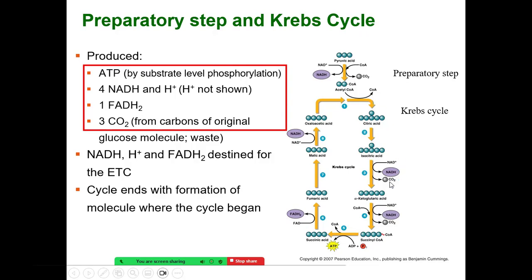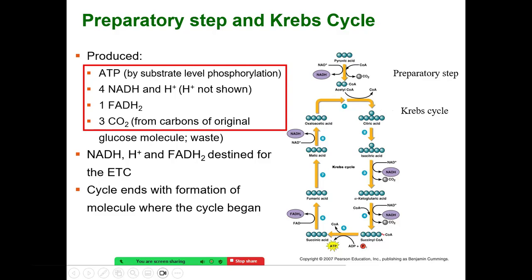And that's for each pyruvic acid molecule, but realize when we burn glucose, you're going to run the preparatory step and the Krebs cycle 2 times because glycolysis makes 2 pyruvic acids from glucose.